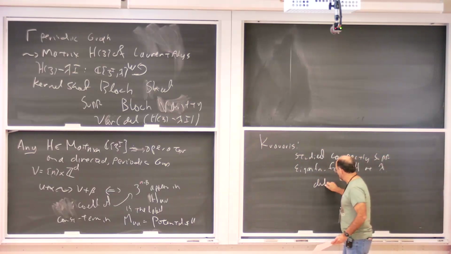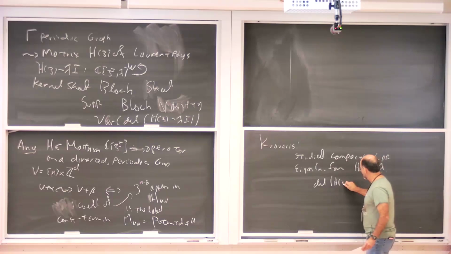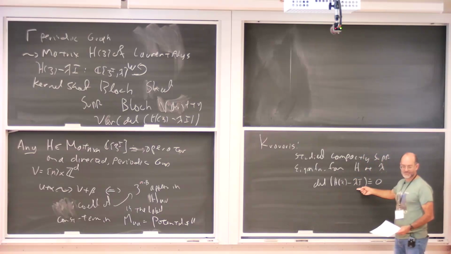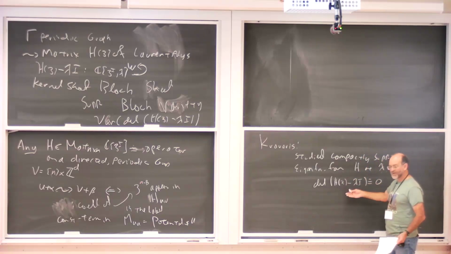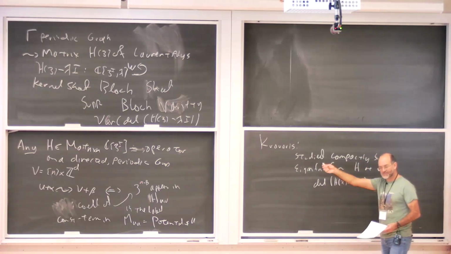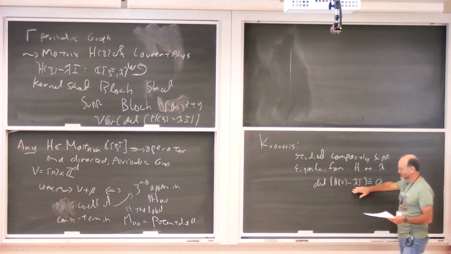These are ones where the whole determinant. So you can have such a compactly supported eigenfunction when this determinant is identically zero, so it vanishes. In general, you have this determinant, it's a polynomial, and where it vanishes, you have something. But this is the case where it's called a flat band.